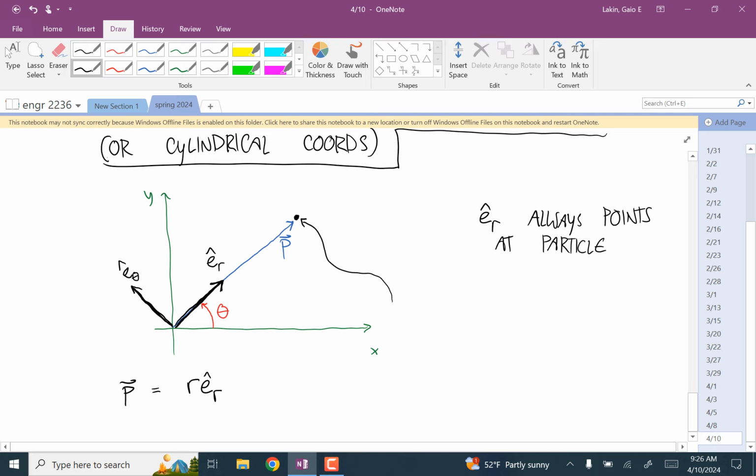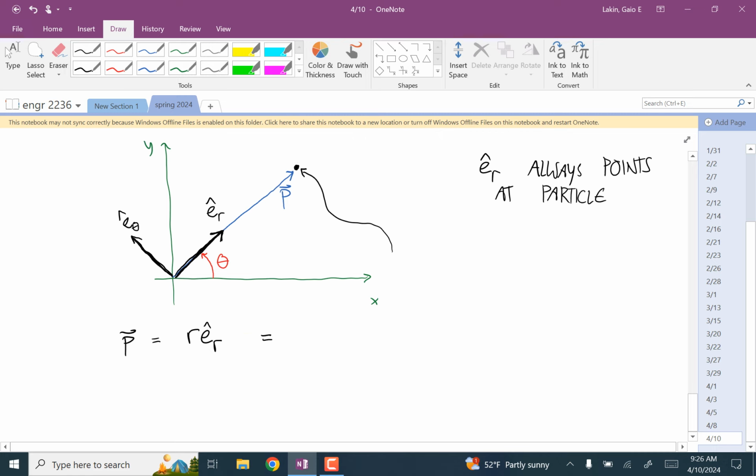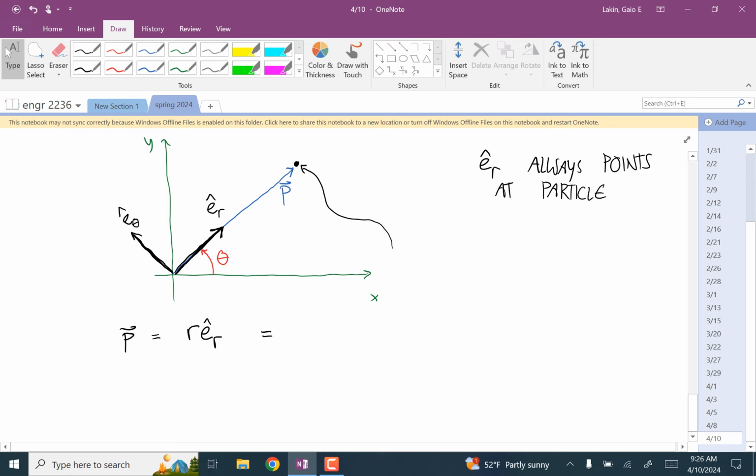And I'm going to write these this way. If you imagine a z-axis pointing out towards us for both of these coordinate systems, the polar and the xyz coordinate system, we can think of e_r as our first axis, e_theta as our second, z as our third. So I'm going to write this as r in the first position, 0 in the second, and 0 in the third.